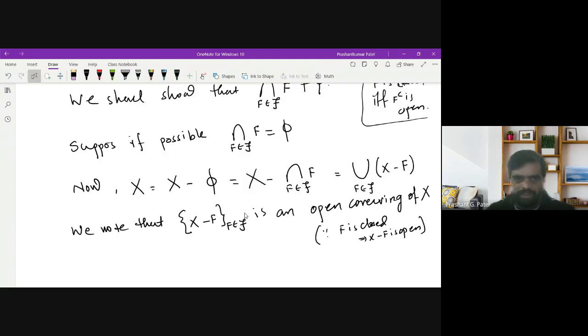So this family X minus F is an open covering of X, and X is compact, and we have learned the result that every open covering has a finite subcovering.